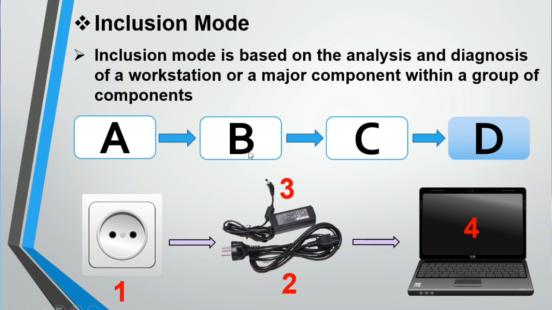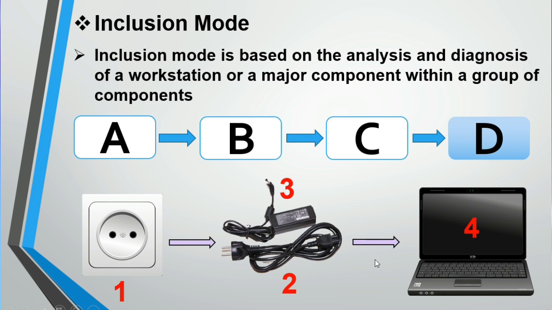Let's assume that these are the suspect components A, B, C, and D, with D as the major component. So, using inclusion isolation, we will focus on troubleshooting this part, D part.